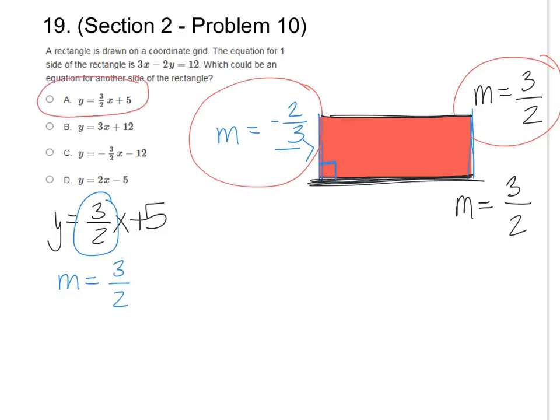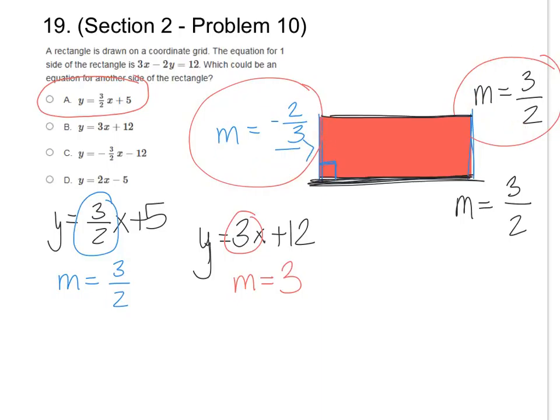I always think it's a good idea just to check the other ones, just in case you made a mistake. So let's check that second equation, which is y equals 3x plus 12. This again is already in slope-intercept form, and the slope is 3. Is that a slope that we're looking for? No, it is not.